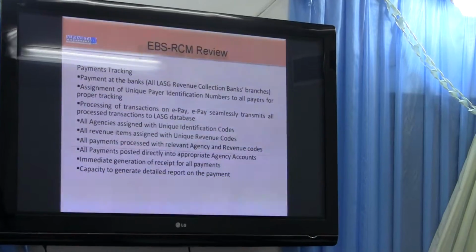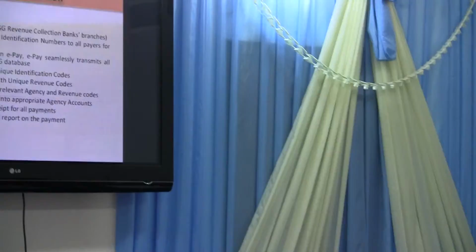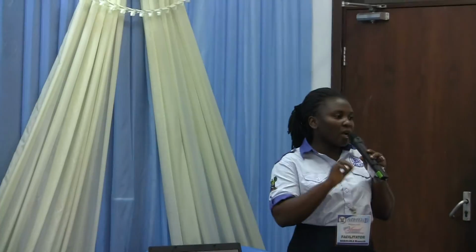All these are numbers, but they are very unique in the sense that they help us to track down the payment. One, it helps us to know the account we are going to post the transaction to. Two, it helps us to know the agency that owns the money. And three, it helps us to have a unique number for the taxpayer himself in terms of the payer ID.